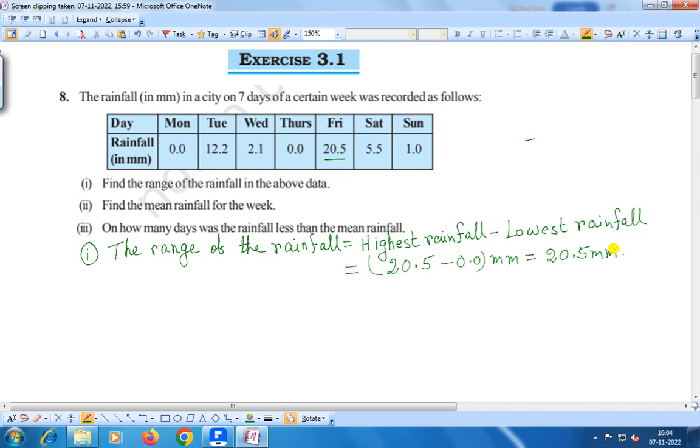Now question number 2 is to find the mean rainfall for the week. You have to find the mean rainfall.